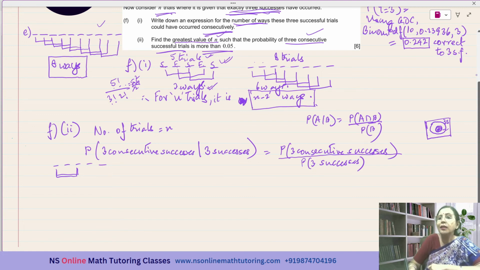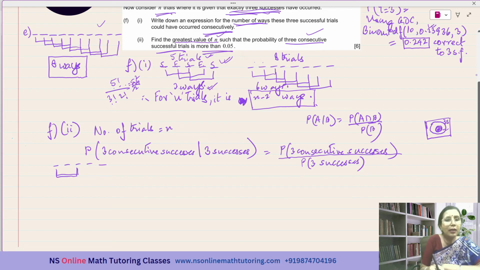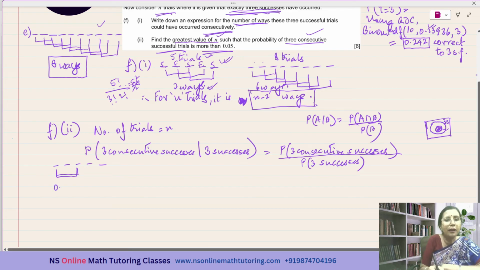Probability of a success or getting one success is 0.23936. Okay. So, getting 3 consecutive successes, I will be writing this as 0.23936 whole raised to the power of 3, because it will be 0.23936 times 0.23936 times 0.23936. And for these two, it will be the probability of failure.